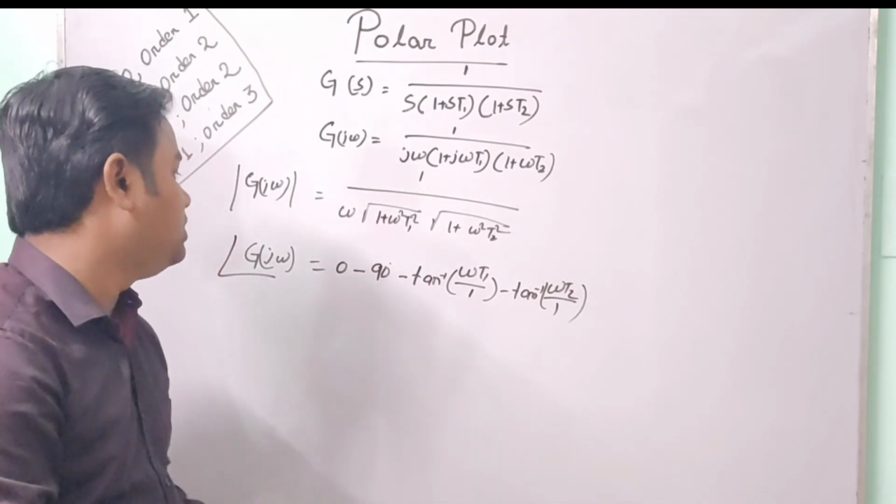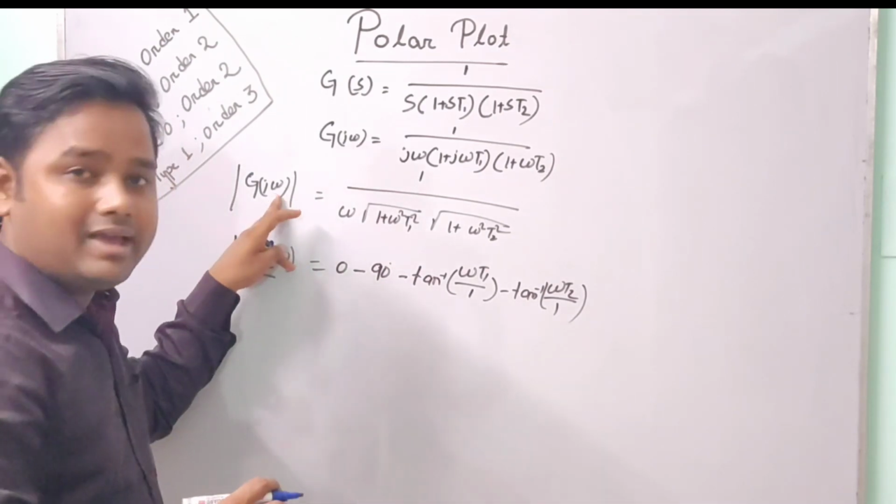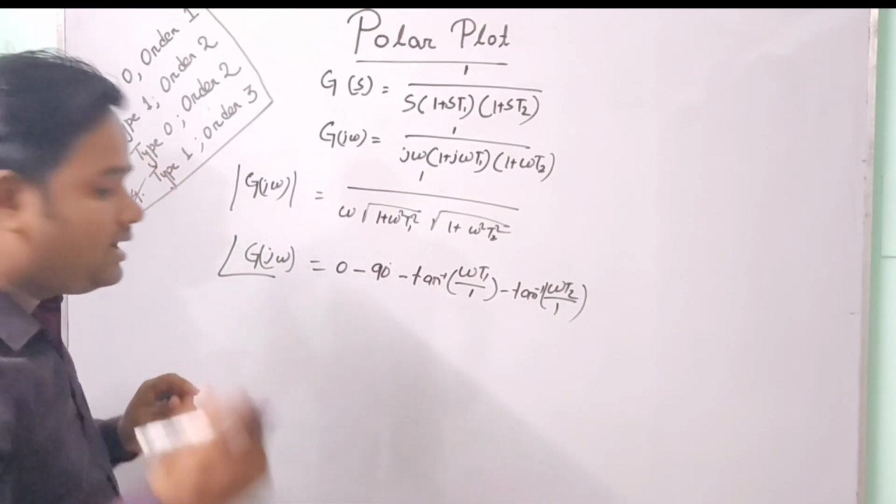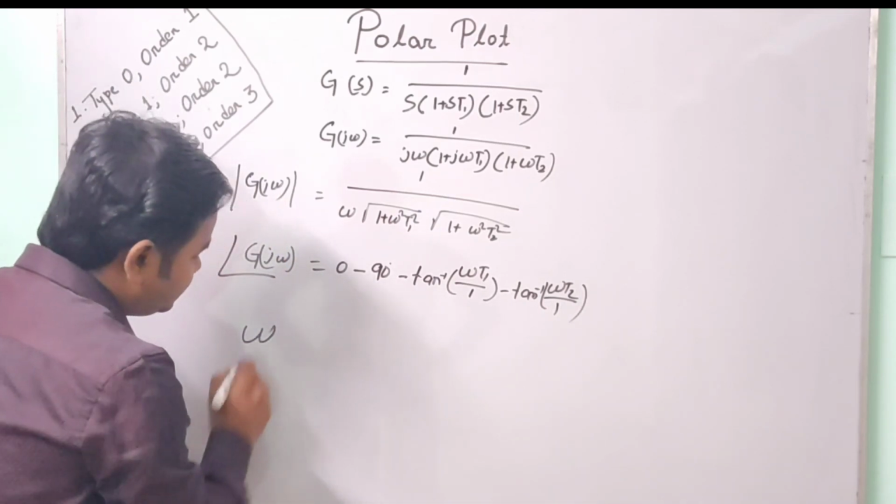Now we have to put omega equal to 0 and omega equal to infinity, so we will plot a table.